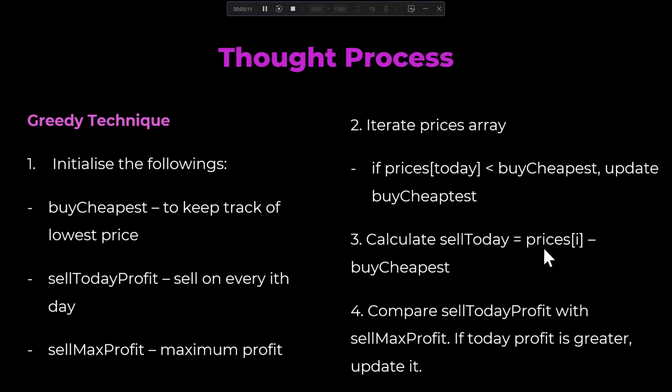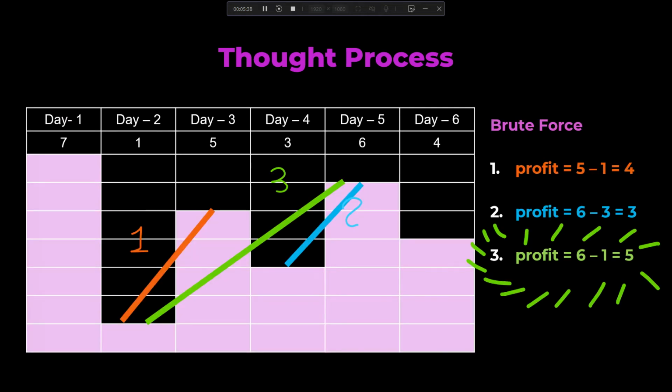For that, we subtract buyCheapest from the price at today's value. From this we get todayProfit, and then we compare: if todayProfit is higher than the current maxProfit, then we update it. So this is the process that we are going to follow. So let's have a look at the example.